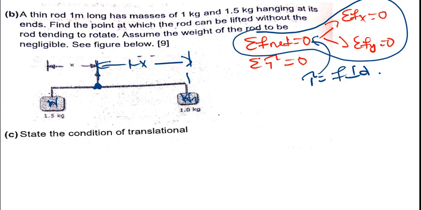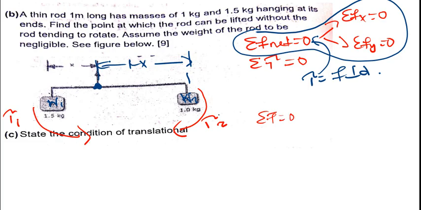Now one thing we should know is that the 1.5 kg block will be pushing this system to move in that direction. Let's call that torque 1. The other one will also be pushing it to move in that direction to make it balance. I'll call that torque 2. The summation of torque should be equal to 0.